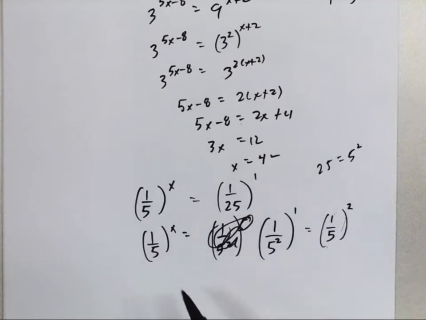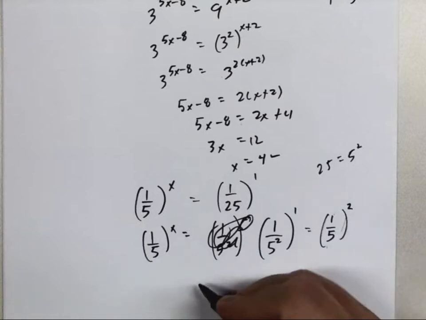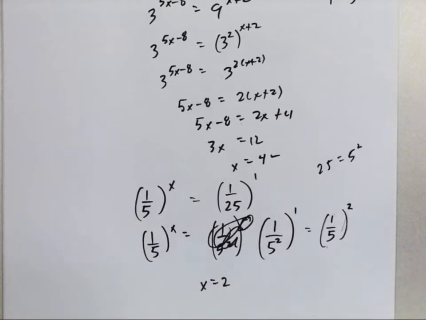So then now look what we have. We actually have the same base. And this one's really easy to solve. So you may see problems like that. How about, let me do 2 more of this type, and then we'll do a few story problems.